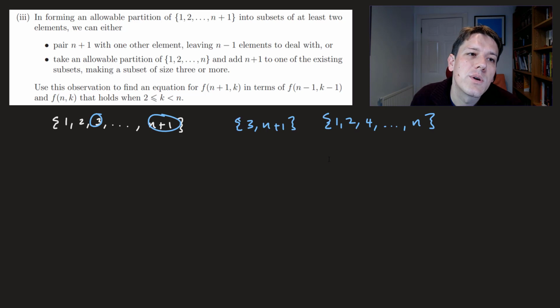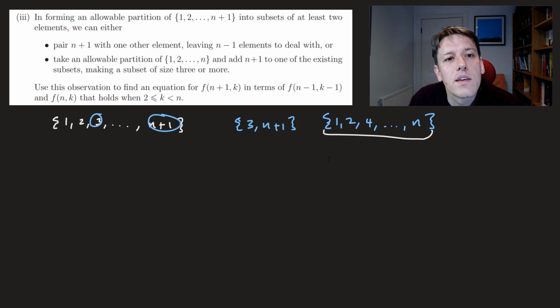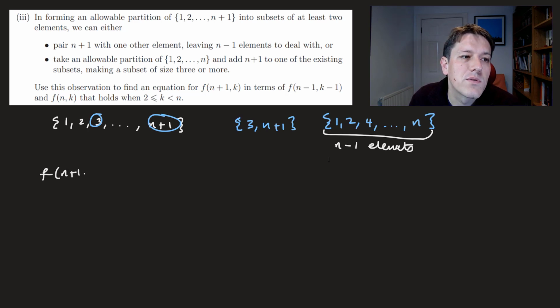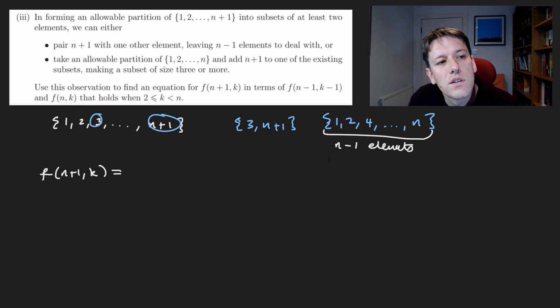So this is going to have n minus 1 elements, right? Okay, so if I'm thinking about f of n plus 1 and k, how many ways to partition 1 up to n plus 1 into k subsets?